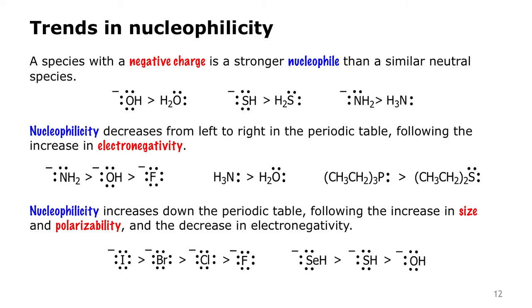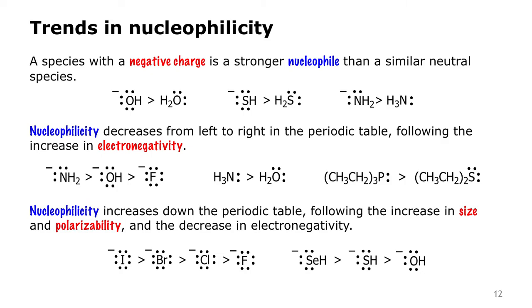Just to go through those in a little more detail, you can compare species that have the same atom, and if they are related species, such as hydroxide and water, then the negatively charged species will be more nucleophilic than the neutral species. And so you find that pattern with mercaptide and hydrogen sulfide, with amide ion and ammonia. They have that same relationship.